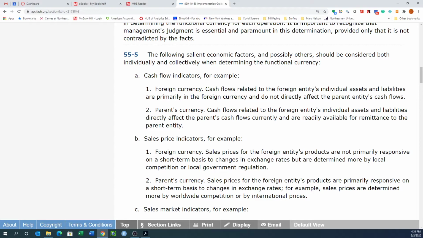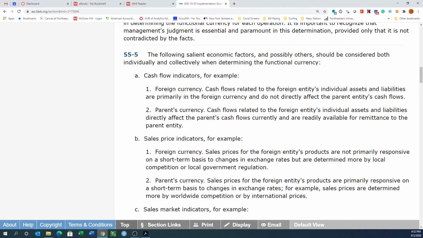Well, if it is the next one, then the functional currency is not going to be the euro for Germany. It's going to be the yuan. Because if the cash flows related to the foreign entity's individual assets and liabilities directly affect the parent's cash flows currently and are readily available, and this is what I like, that money can be taken immediately from Germany right to China and used, that would suggest that the German subsidiary does not have control over its cash.